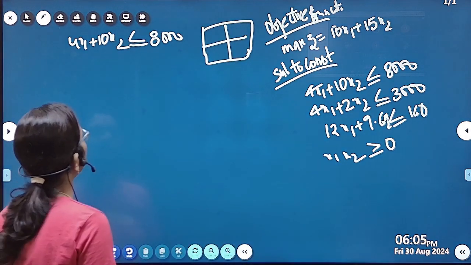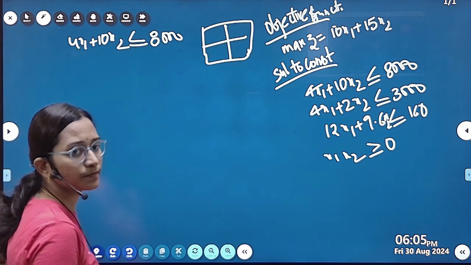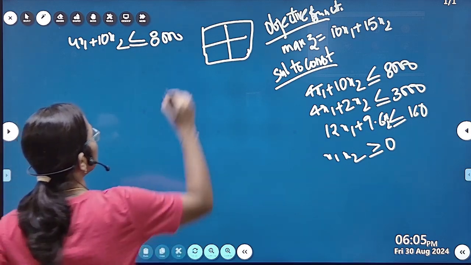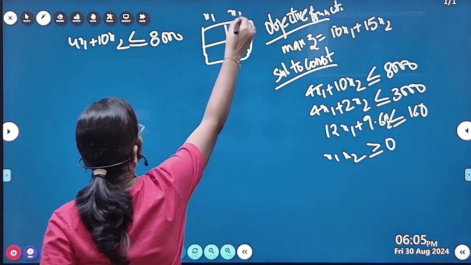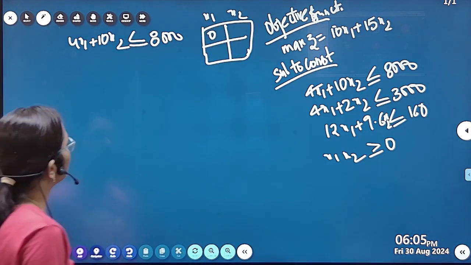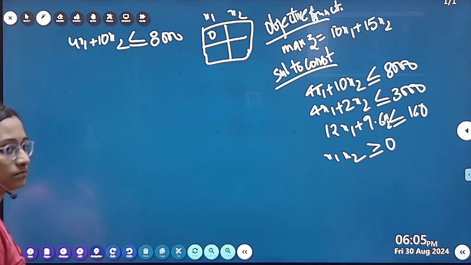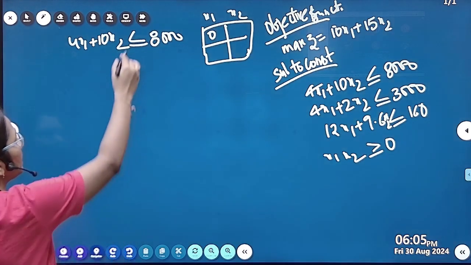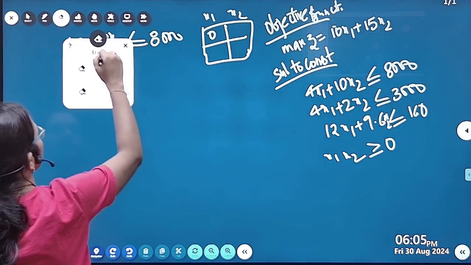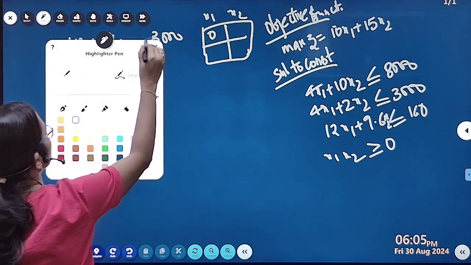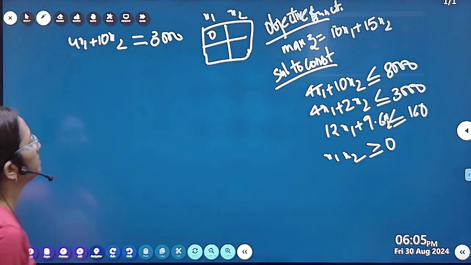Let us take x1 as 0. Let us remove this greater than symbol and put is equal to.